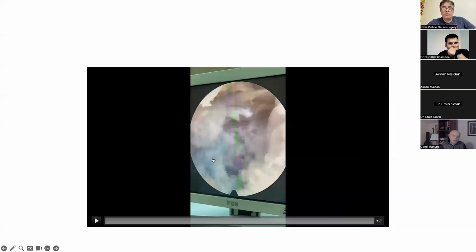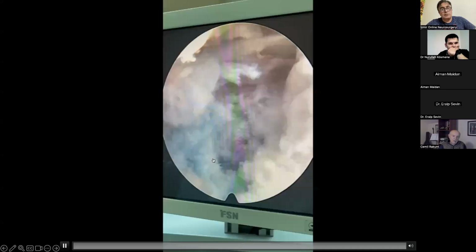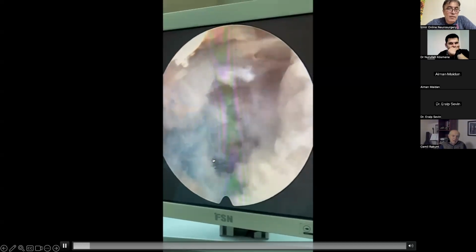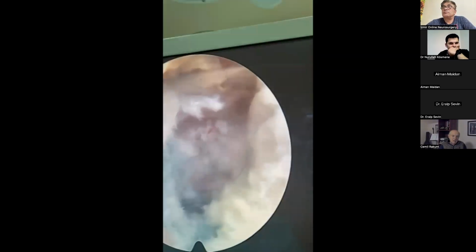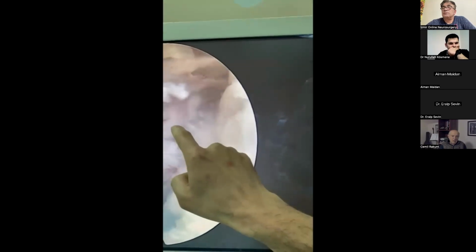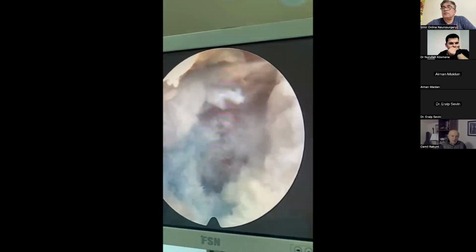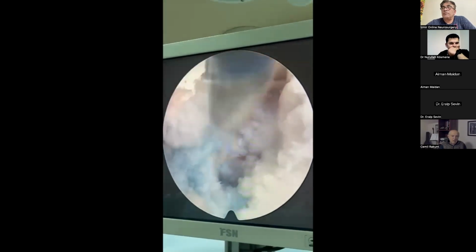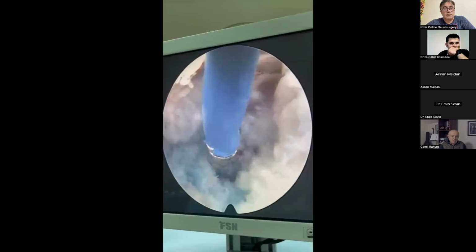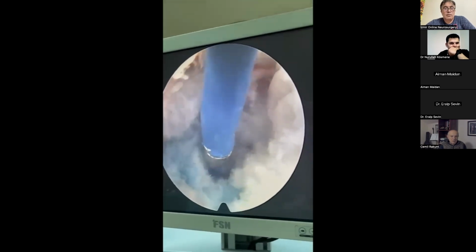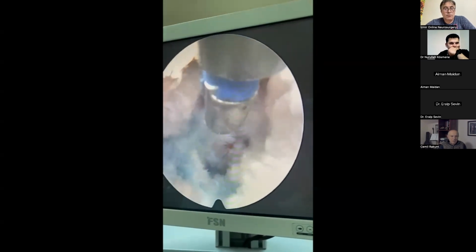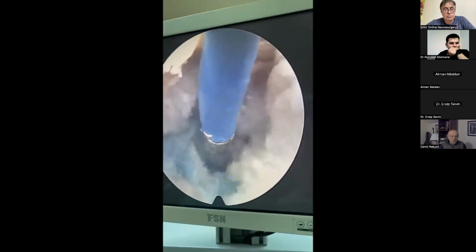Video of the lateral view of dura and disc space, one of our cases. We see the pulsating dura. It's a sign that the decompression is enough.